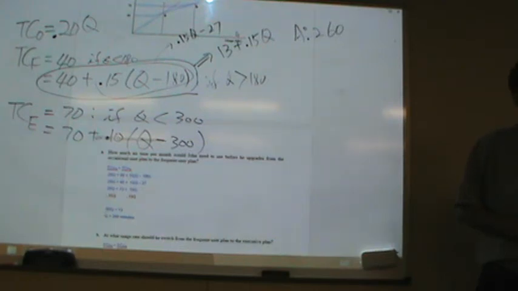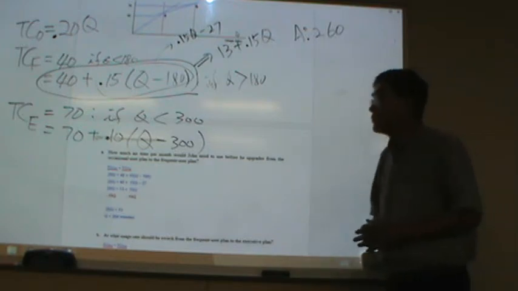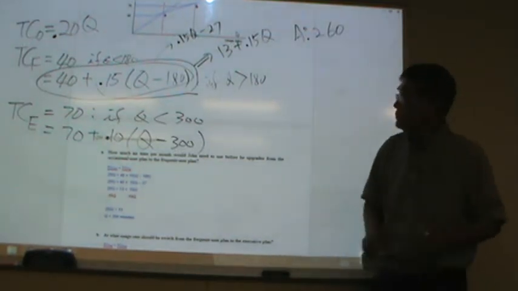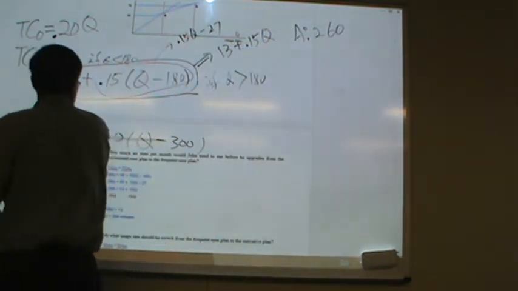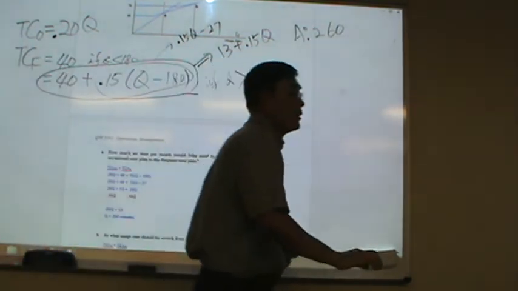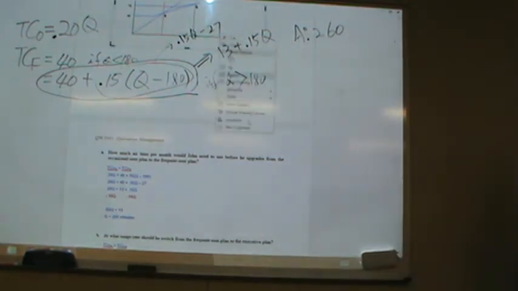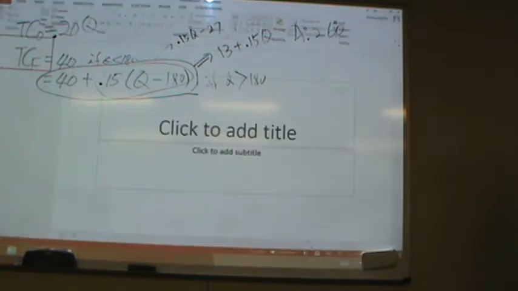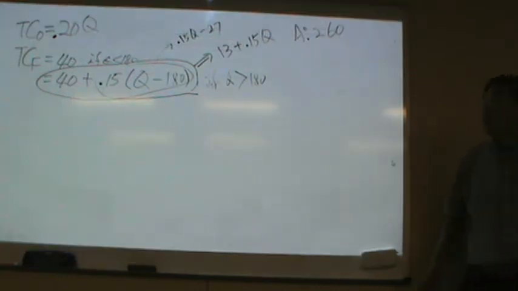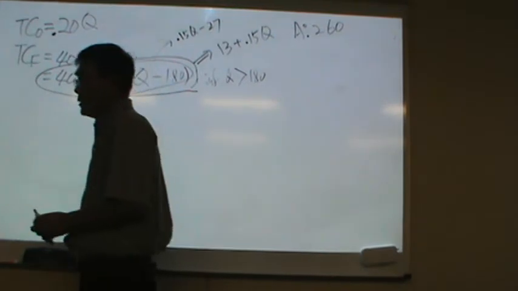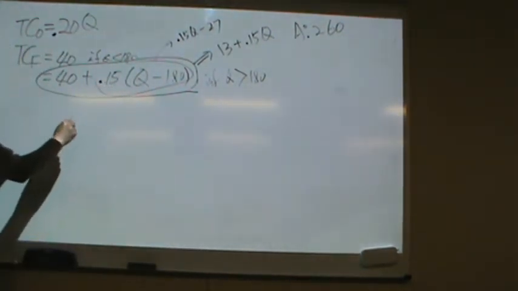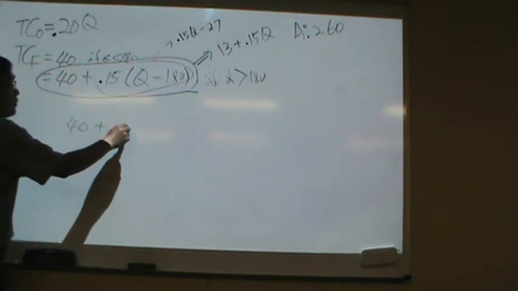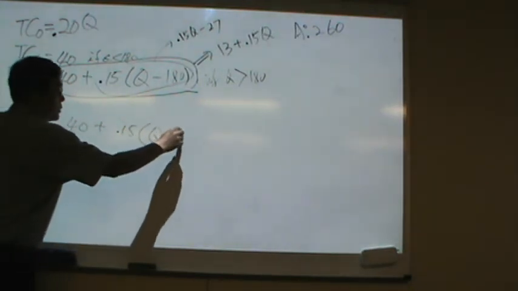I'm trying to see, where did you get the 13 from? I understand the other one, I'm just trying to figure out who did 13. This one, 40 plus 0.15 Q minus 180, right?